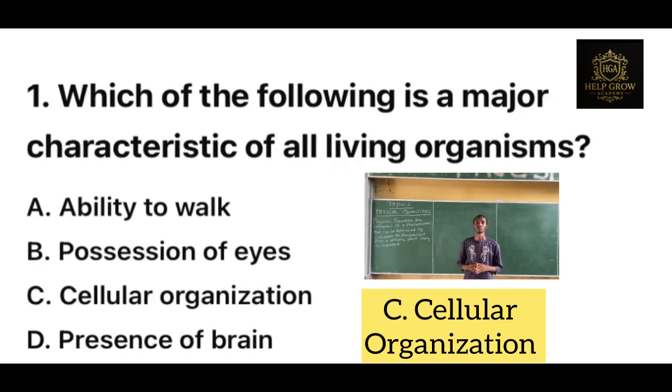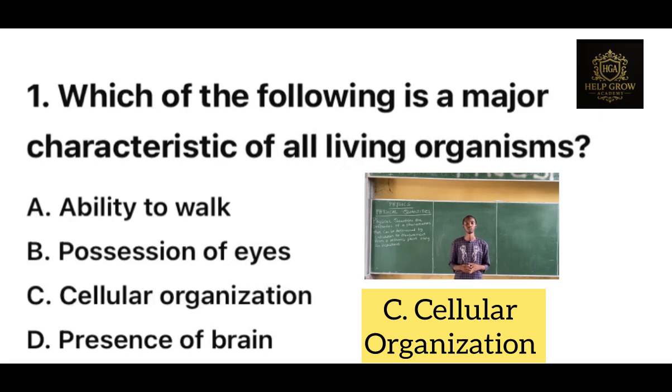Humans and plants are multicellular organisms. Viruses are exceptions, hence they are not considered living things until they infect a host, which is why cellular organization is used as a major criterion to define life.